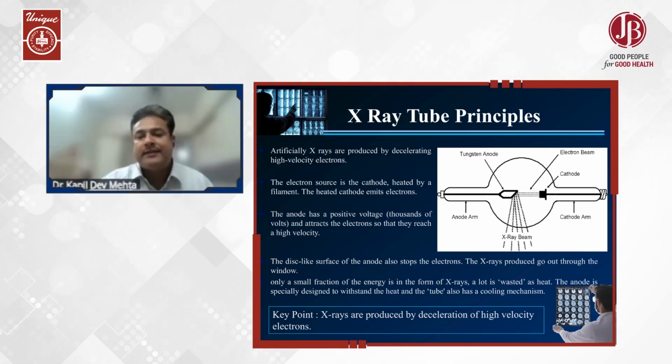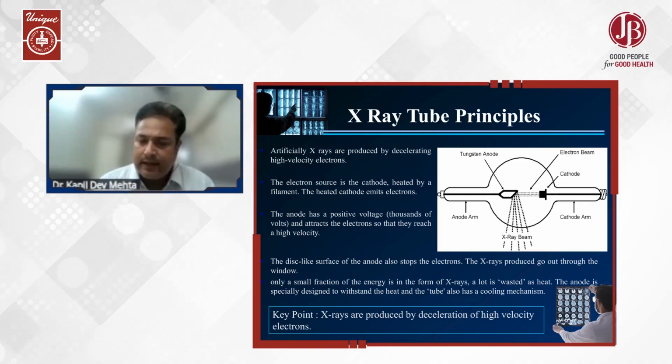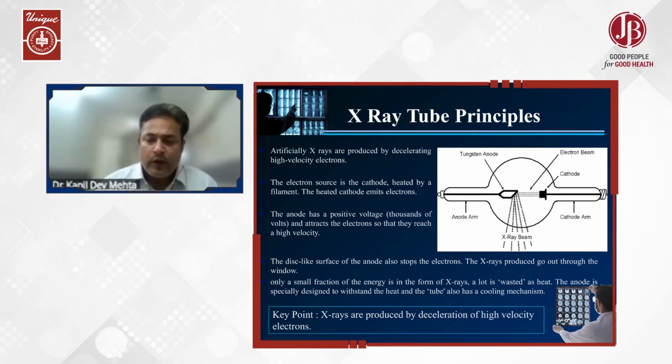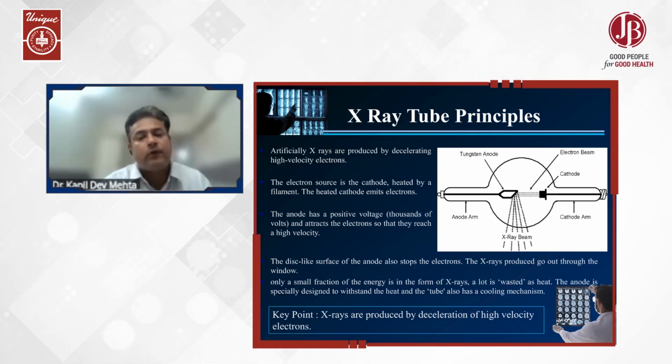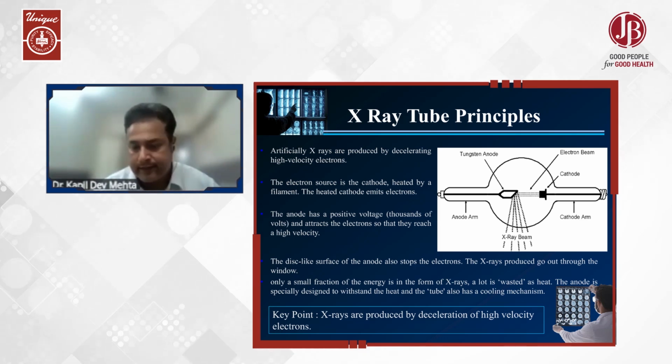And when they are decelerated, X-rays are produced. So X-rays are basically produced by deceleration of high velocity electrons. In this process, a lot of energy is also wasted in the form of heat, and the remaining part comes out of the tube as X-rays.